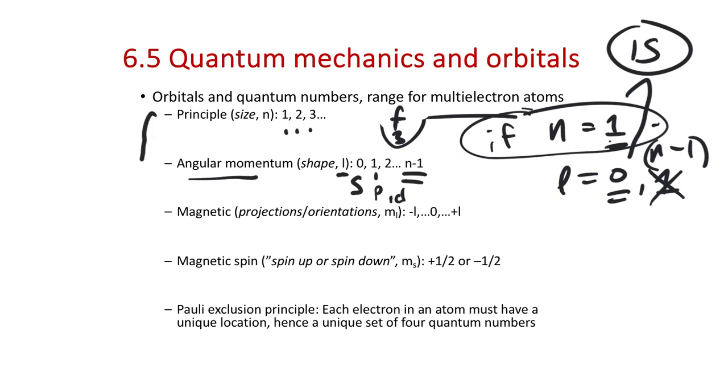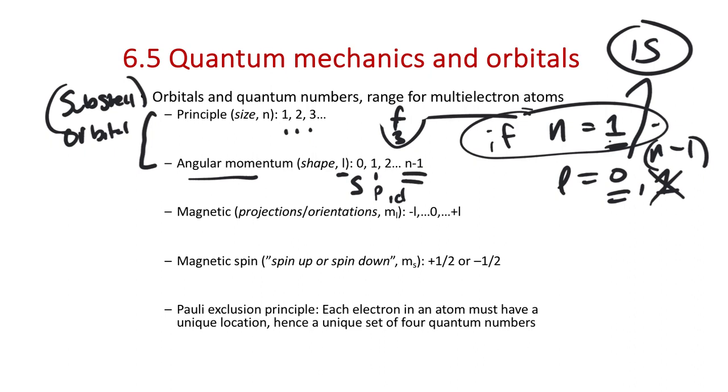So the n value and the L value together tell you something about the orbital. There's another word, it's telling you the subshell. That's the word I was looking for. So the n value and the L value together tell you the subshell.